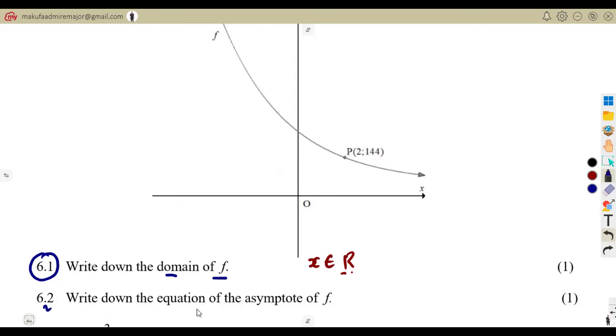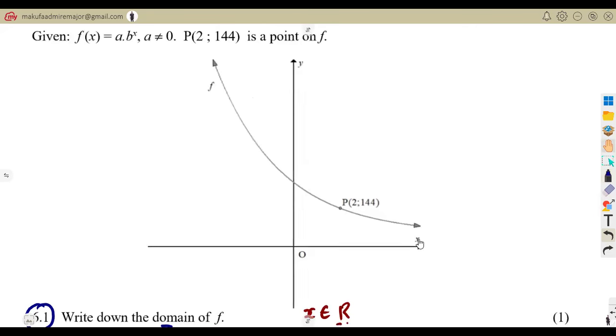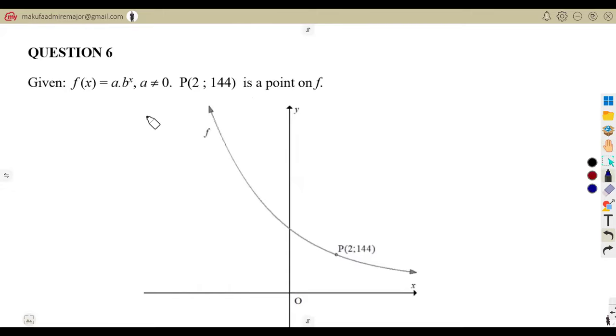Then write down the equation of the asymptote of f. The asymptote, as we can see, we do not have anything that is added to that f of x. We do not have anything that is being added to this value. So it's just like a 0 there.